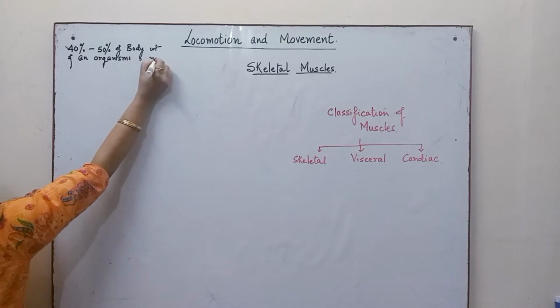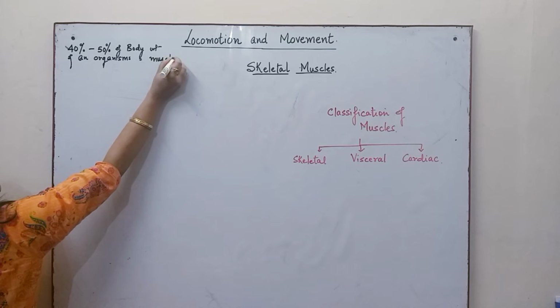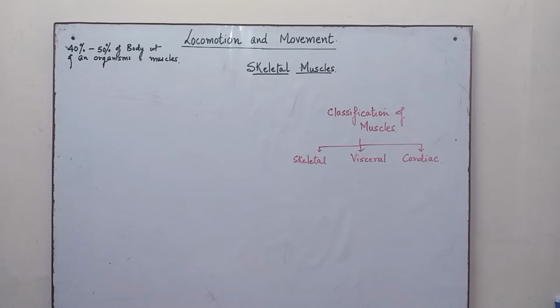So we find that body weight is mainly due to the weight of the muscles, and these muscles are very important because they bring about various kinds of movement by the organism.